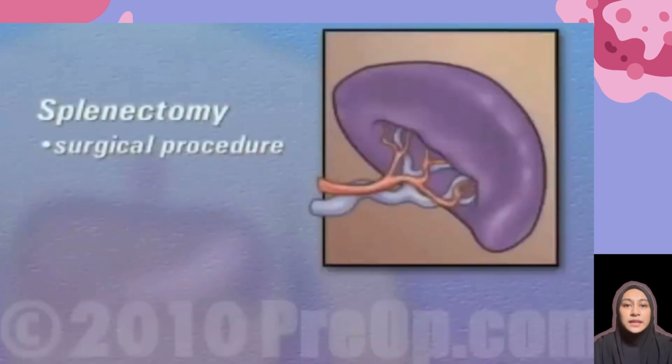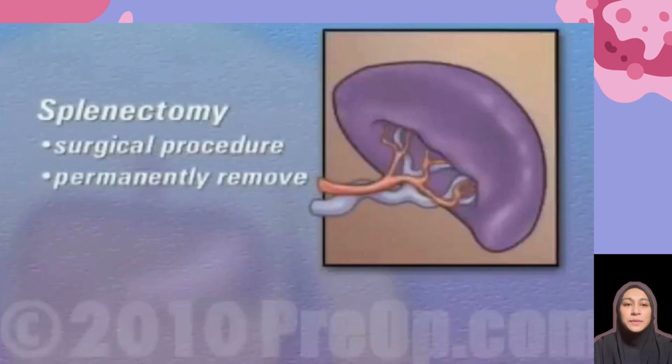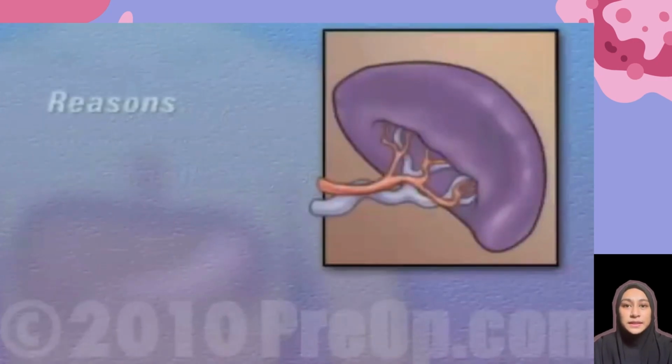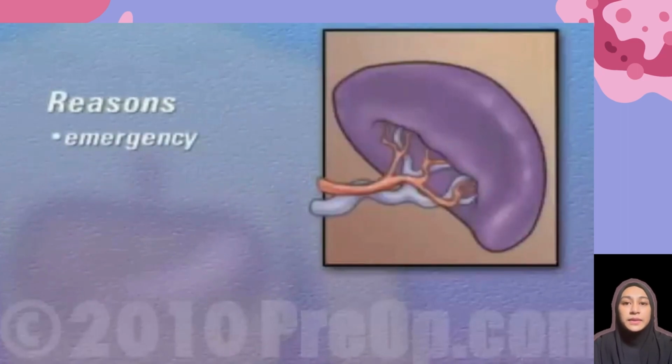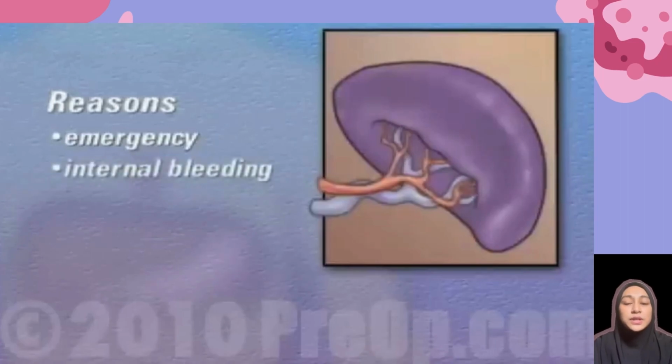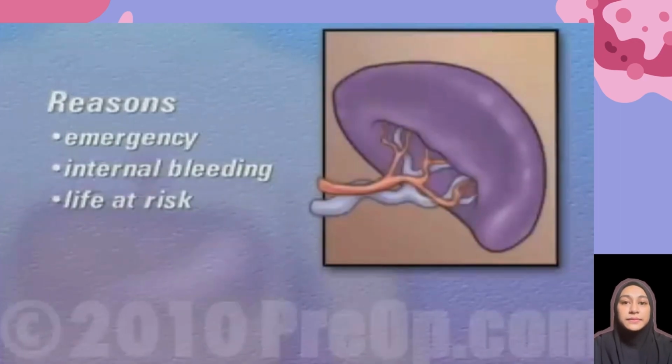A splenectomy is a surgical procedure used to permanently remove the spleen from the body. Reasons for removing the spleen vary. The surgery is performed in emergency situations during which internal bleeding may be putting the patient's life at risk.